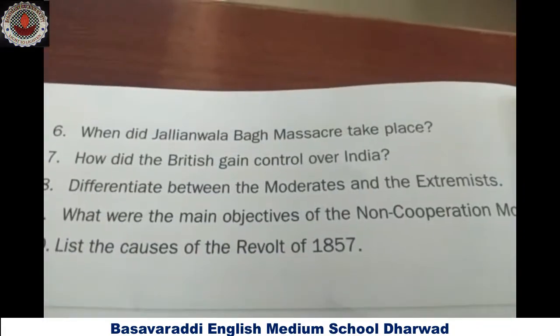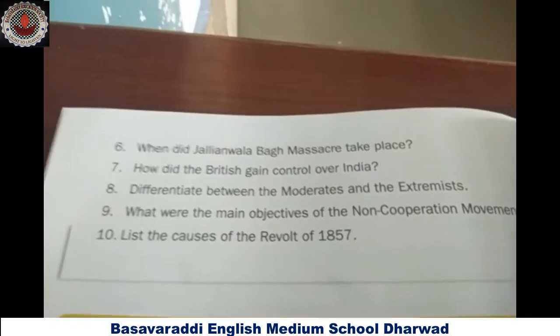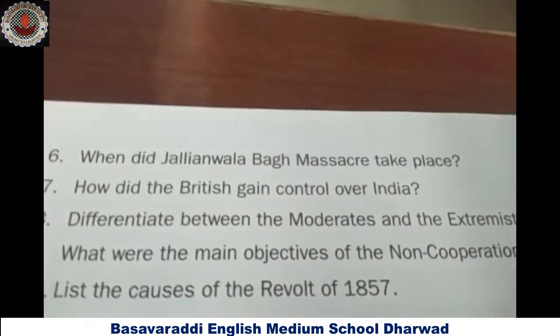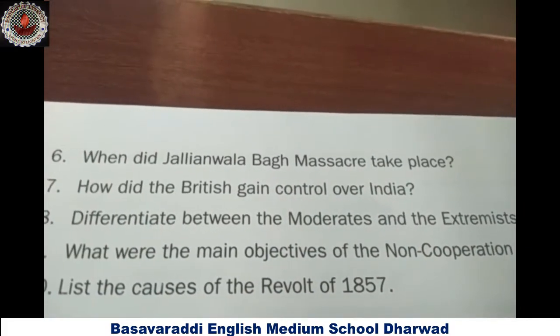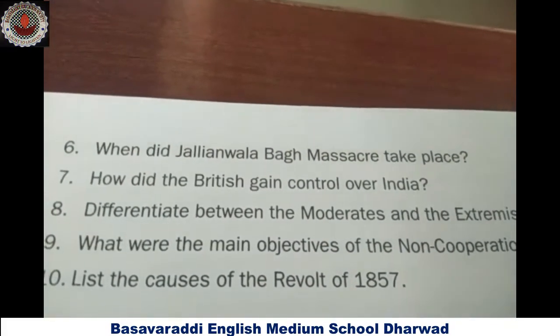When did the Jallianwala Bagh massacre take place? In 1919. How did the British gain control over India?